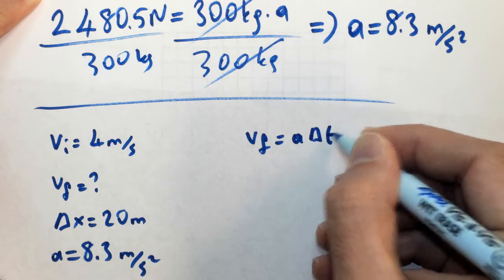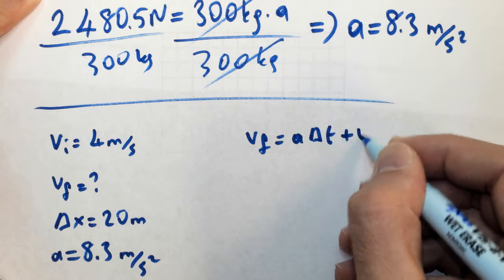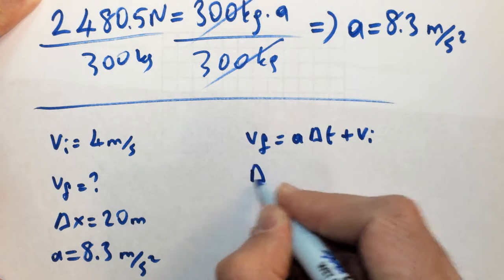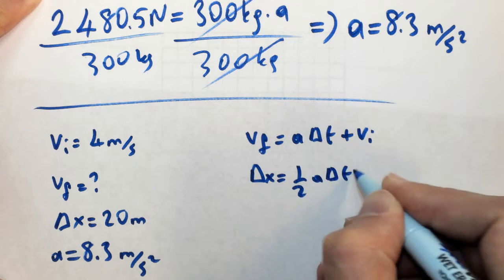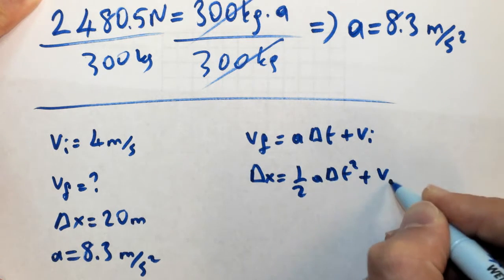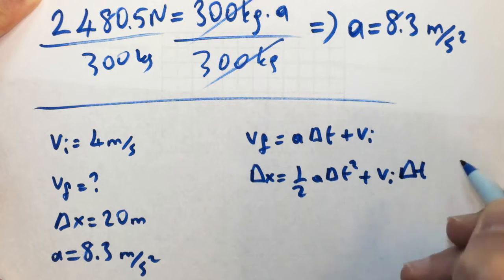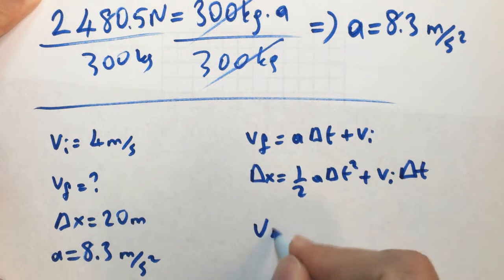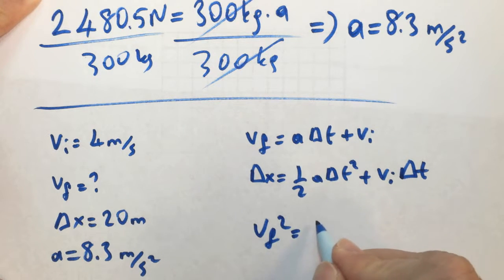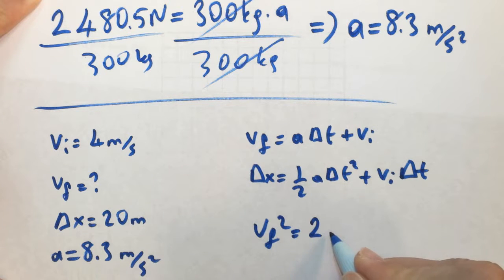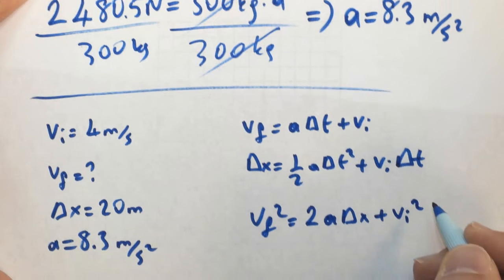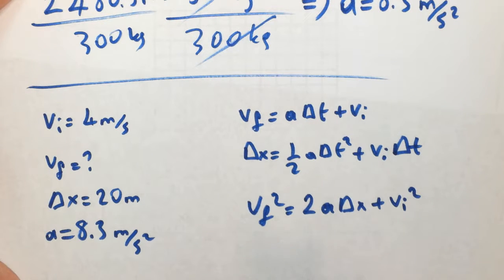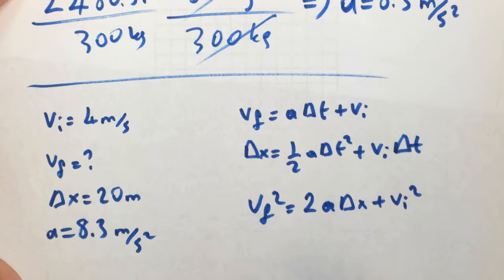The equations are: delta x equals 1/2 a delta t squared plus v initial times delta t, and v final squared equals 2a delta x plus v initial squared.